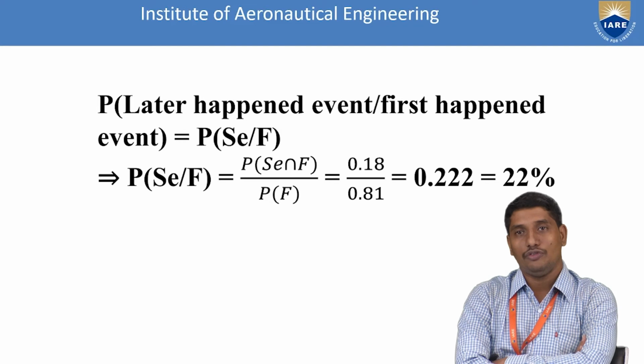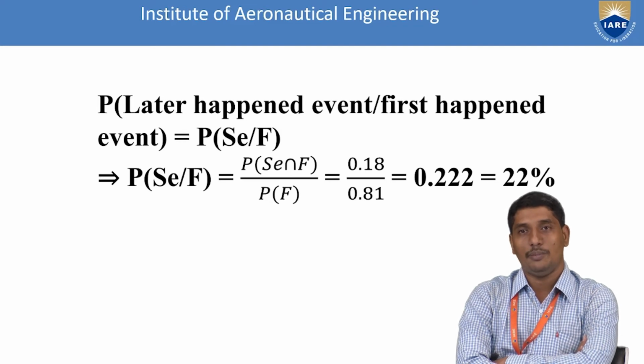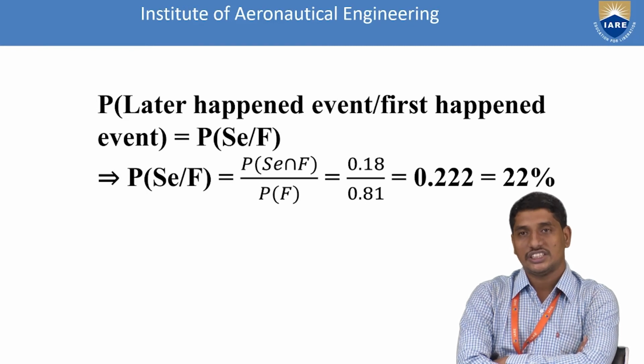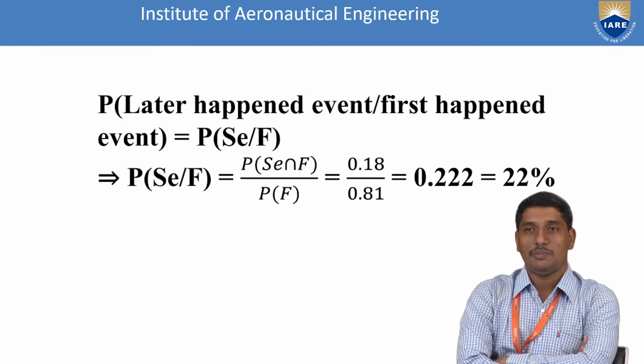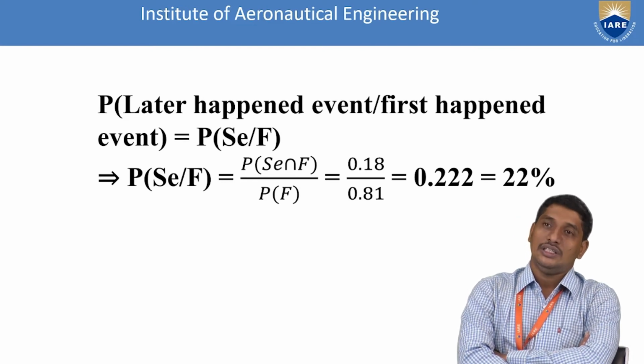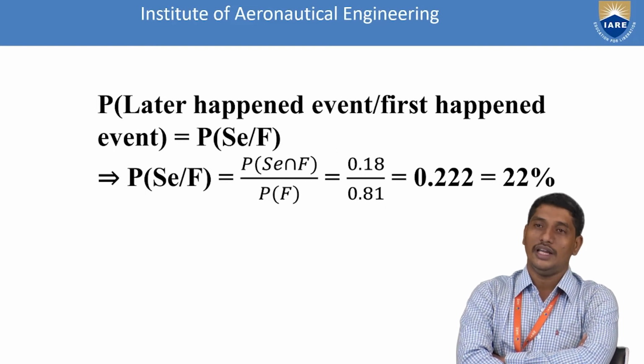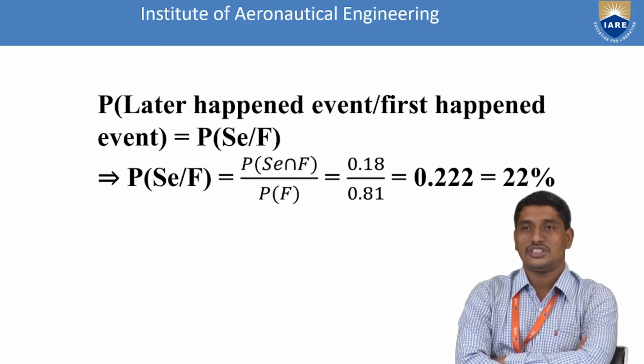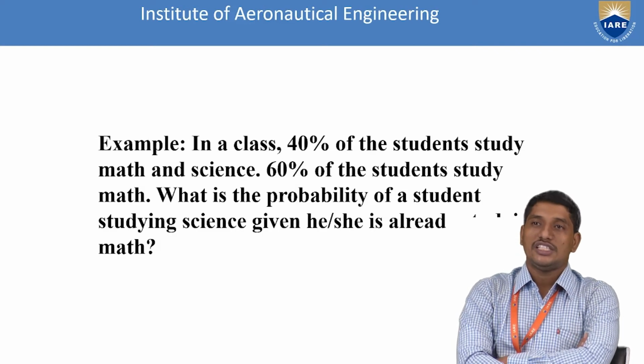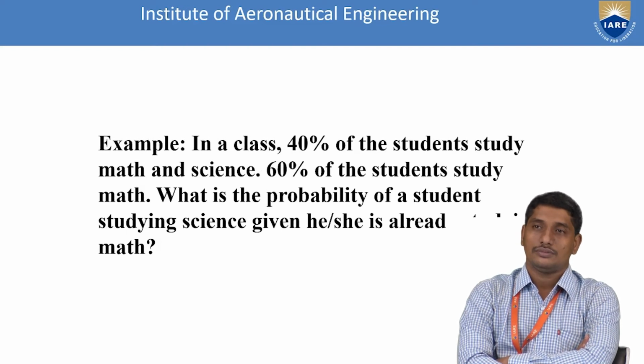Selectivity over fidelity means P of A by B, that is P of A intersection B by P of B, that is SE intersection F by F, that is 18% by 81%, that is 22%. That is, if you select a mobile with high fidelity, then the probability that it will also have high selectivity is 22%.